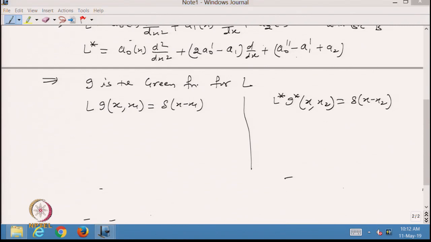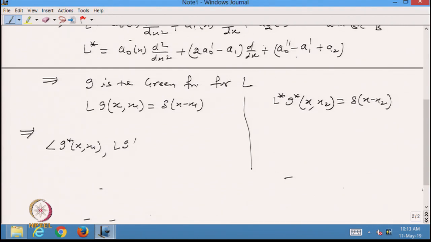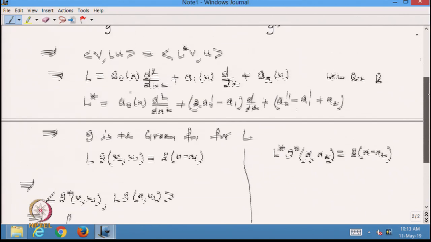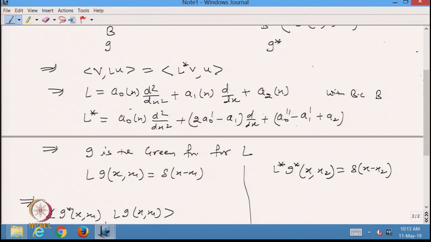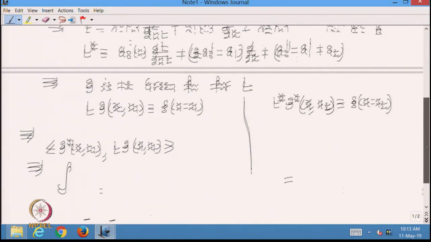Now, from here I will try to find out what will happen to the inner product of G star with L G. This is equal to taking the integration over the domain. The domain in this case is the bounded domain between alpha and beta.